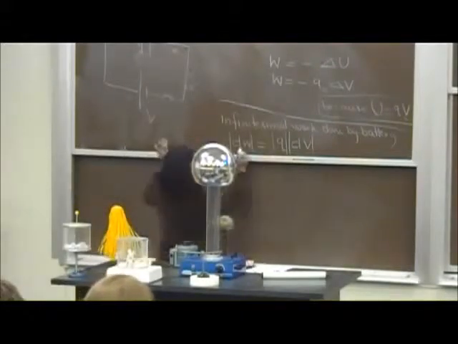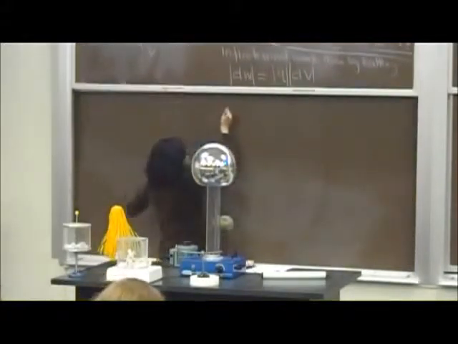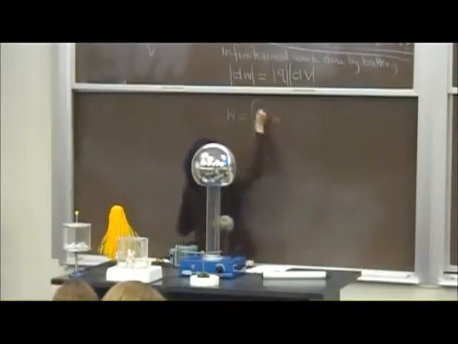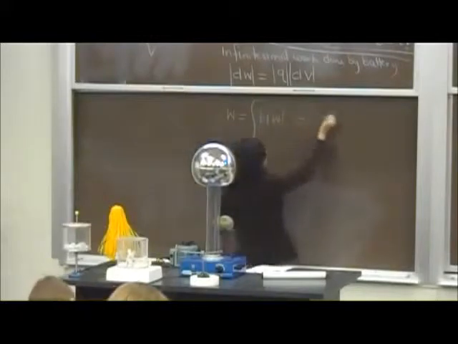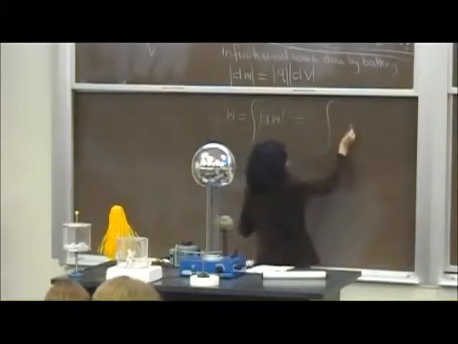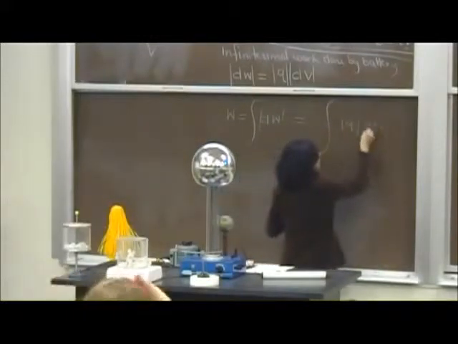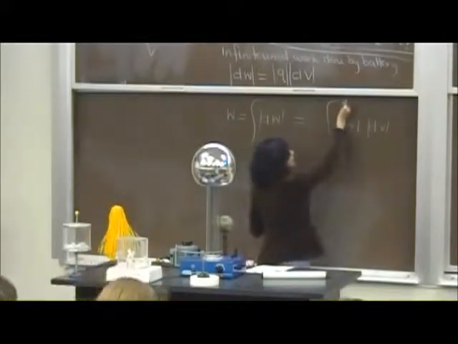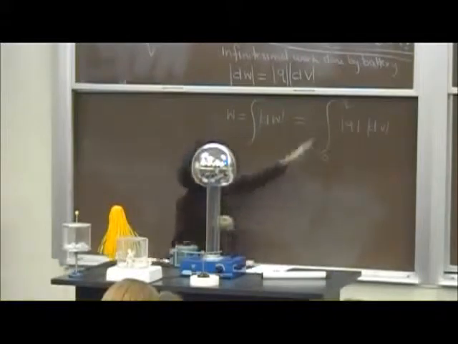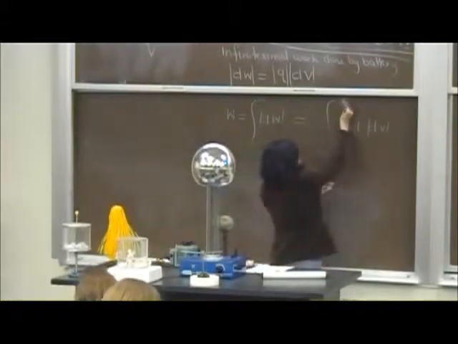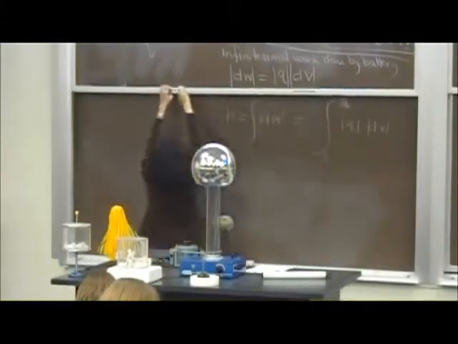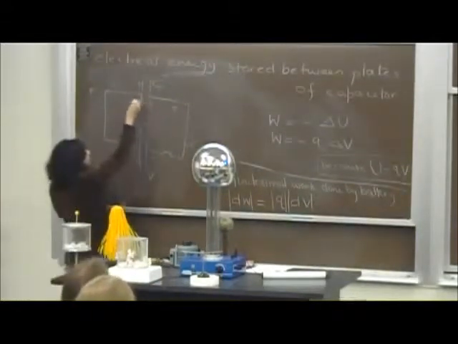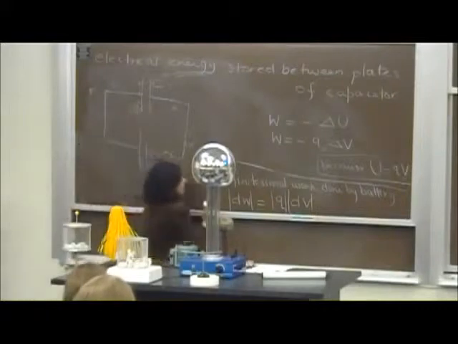So the total work done in dumping the charge Q would be the integral of this. Initially the charge was 0, and finally the charge has become Q, or let's say capital Q if you like. So we are trying to figure out the work done in moving the charges so that the maximum charge on this becomes capital Q.